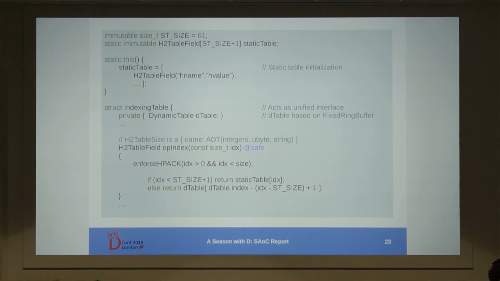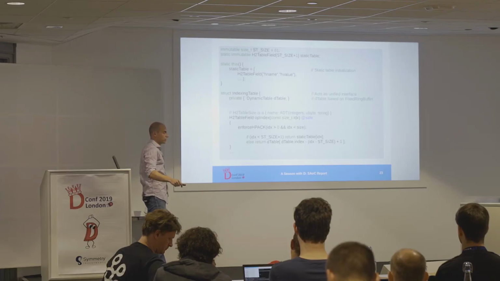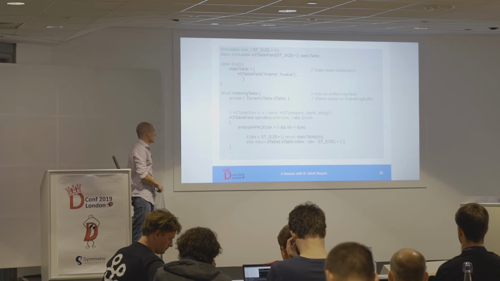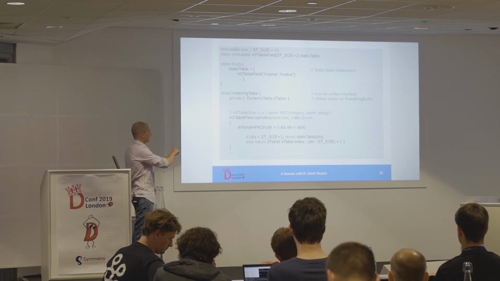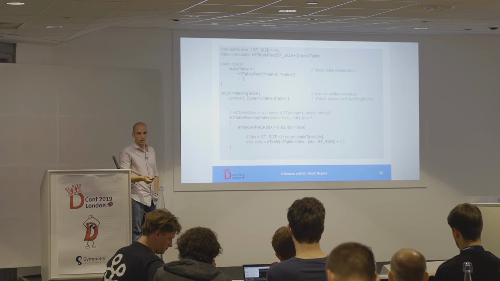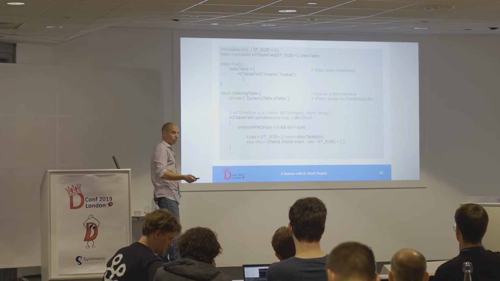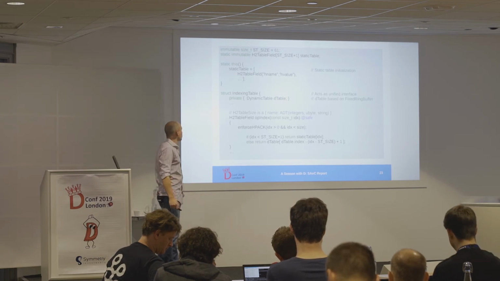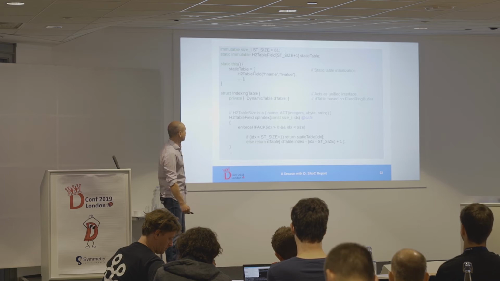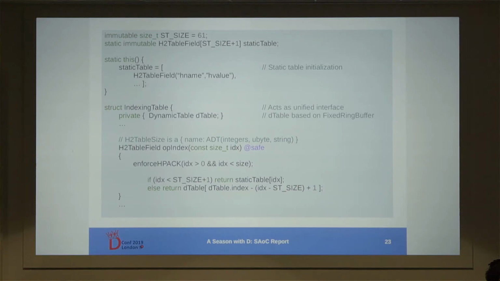And those headers are made of a name and an algebraic data type key, which is made of integers, ubyte, or string, according to the type of header. This was pretty illuminating to implement, just because it allowed us to keep the lines of code to a minimum while providing something which is quite safe to work with, and in which it's quite easy to spot bugs.